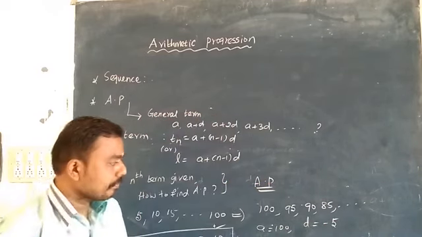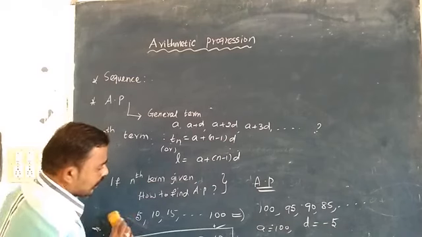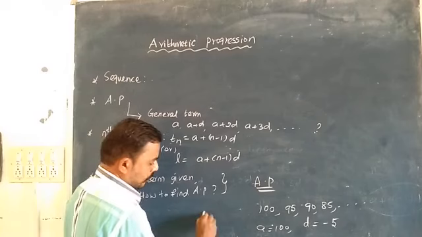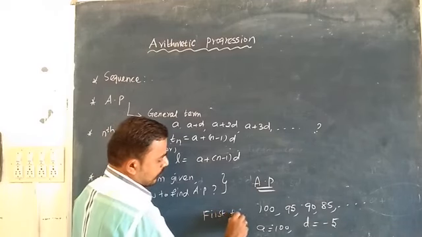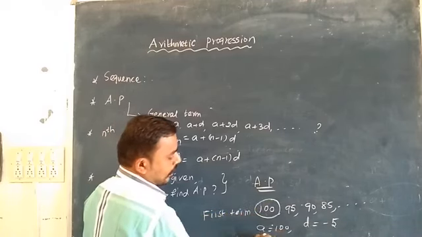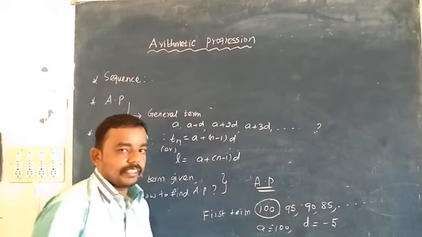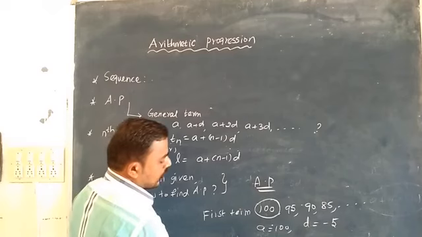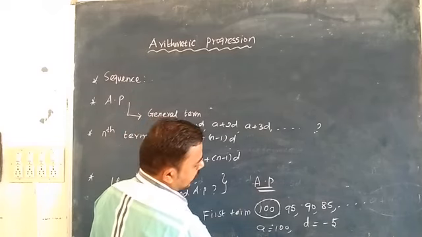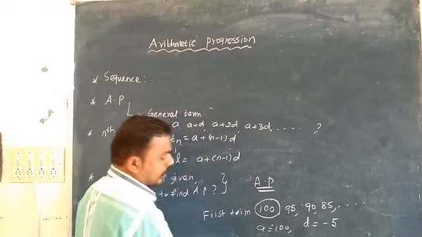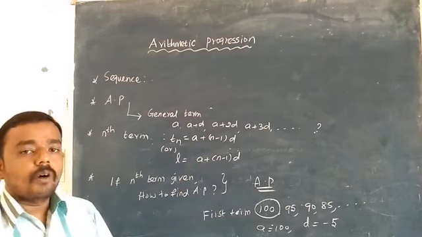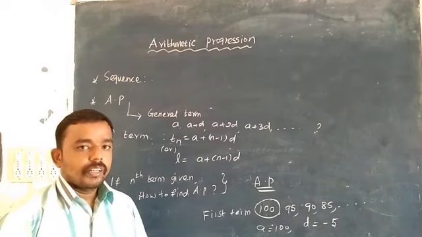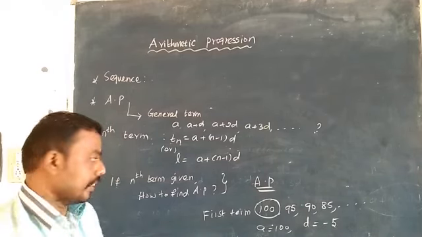No problem. Suppose the AP's first term is 100 and D is minus 5, decreasing, no? Right. Suppose the last term is 100 and D is given. Now how to find it? D is 5 or minus 5, like that. Now we need to find that.